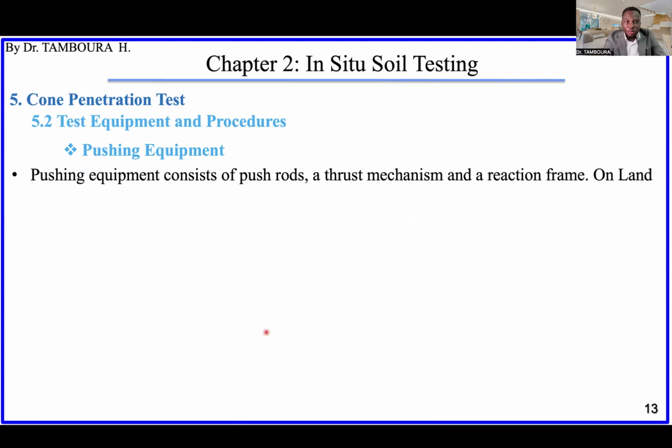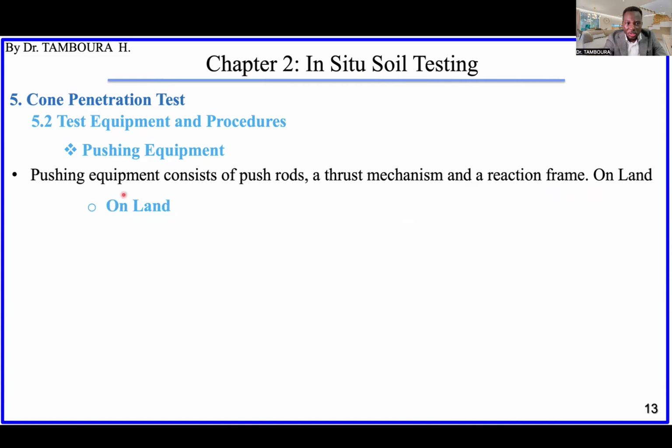Pushing equipment consists of push rods, like drilling rods, and those rods push the cone into the ground, a thrust mechanism, and a reaction frame, because you need a reaction frame to push it on the land.